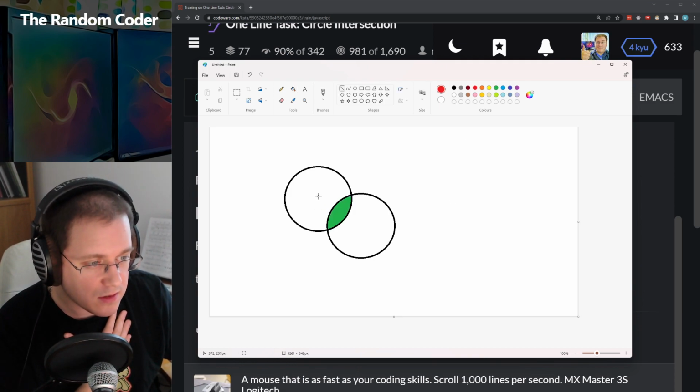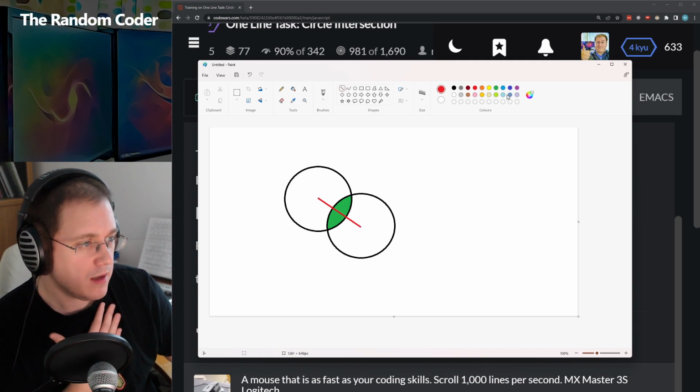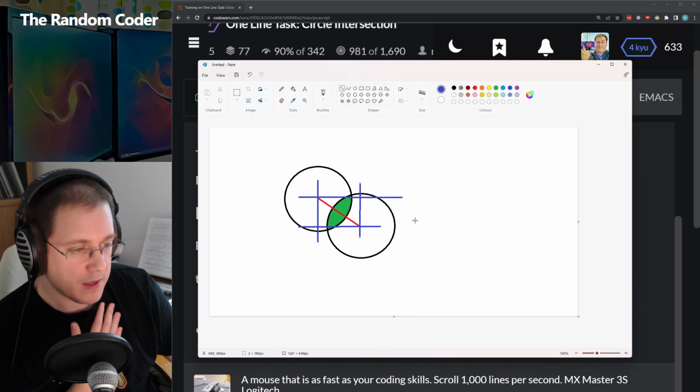And if I take a line between the centers, I think this line is a crucial line that we need to calculate, which will be based upon these coordinates. So we're going to have a coordinate here, I'm going to extend the lines, and a coordinate here to define the centers of the circles.